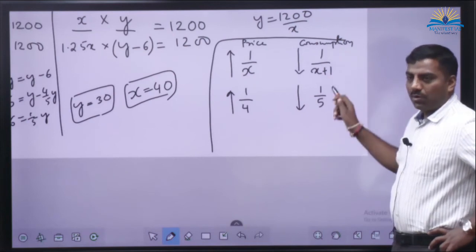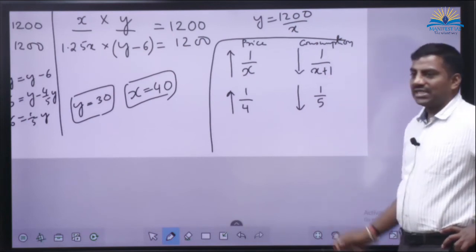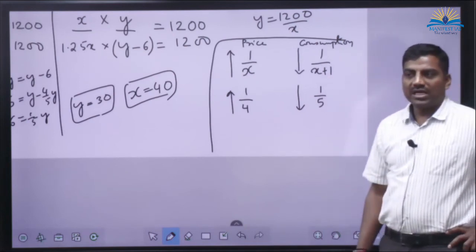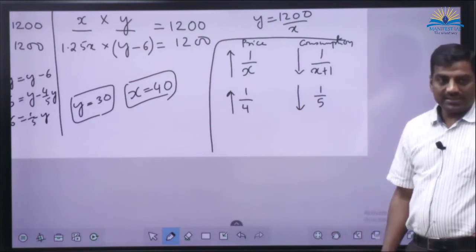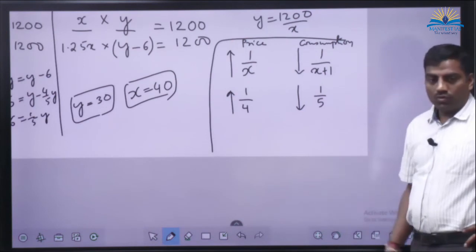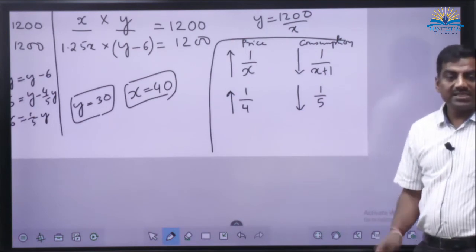So in the given problem, this reduction is nothing but how much? Consumption has fallen down by 6 kgs. This 1 by 5 is nothing but 6 kgs.